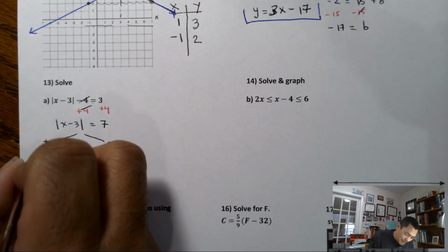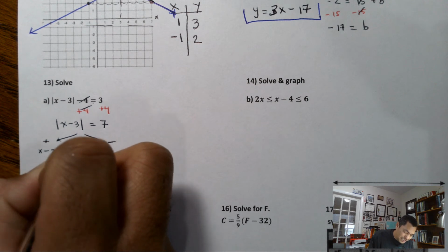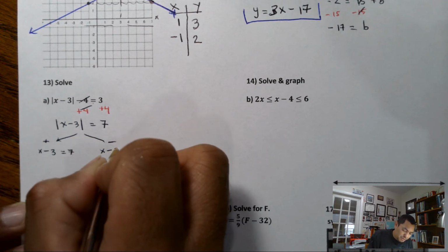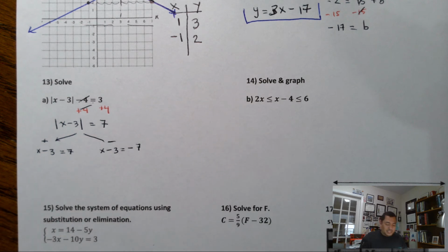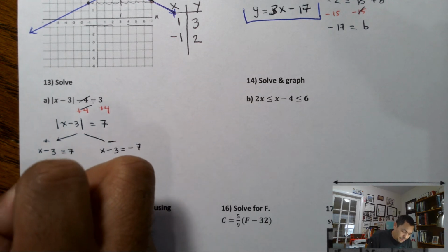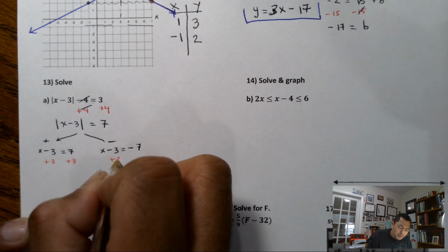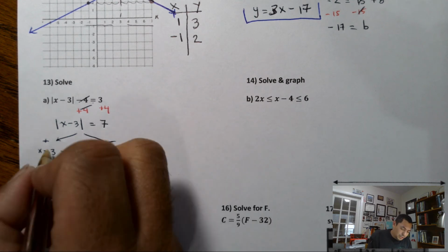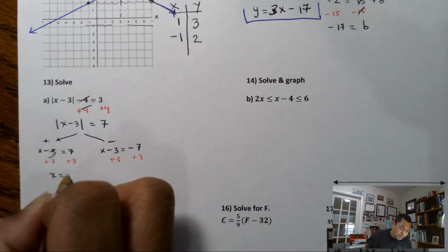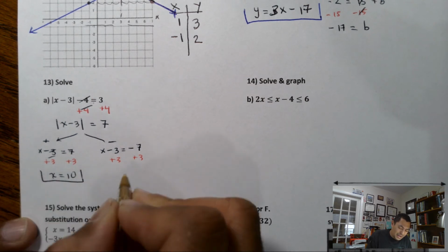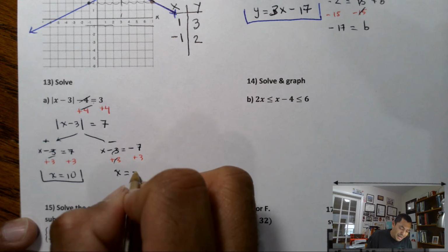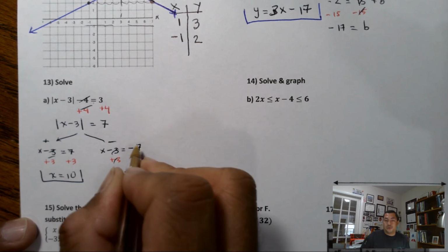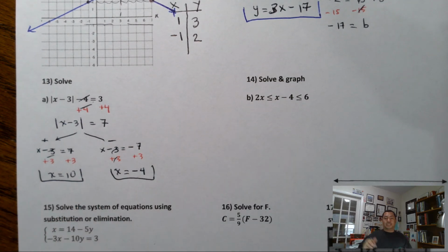So I have x minus 3 equals 7 and x minus 3 equals -7. Now solve for x. Plus 3, plus 3. These two go away, so x is equal to 10. And here, these two go away, so x is equal to -4, because the negative number is bigger than the positive number. So my solution is negative.